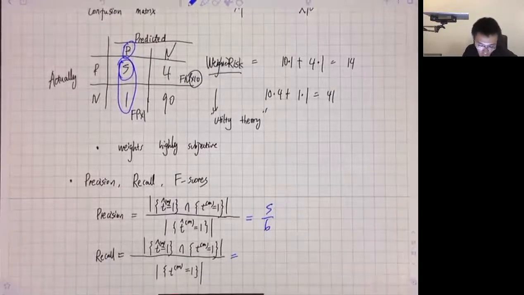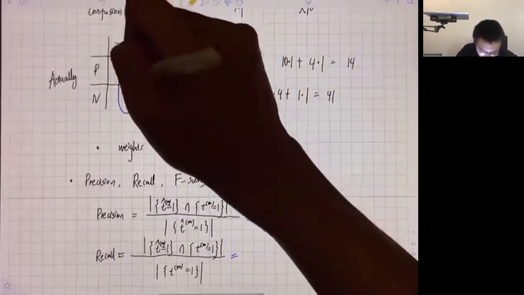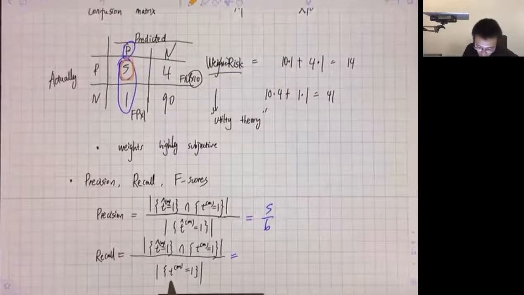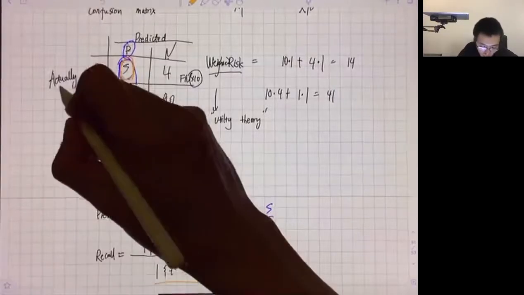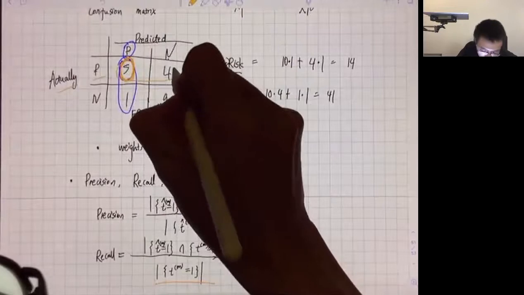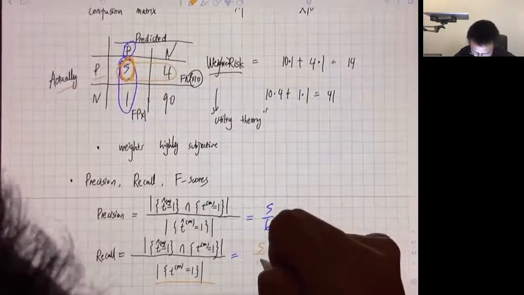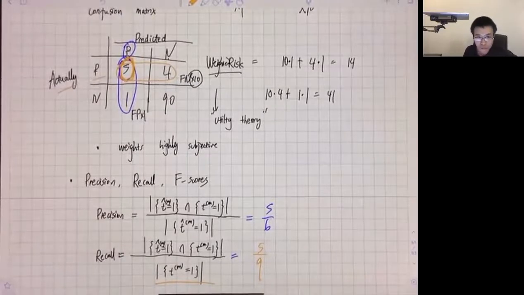And what is the recall? It's still this number, but divided by actual positive, so this row, which is 9. 5 divided by 9. So this is the recall.